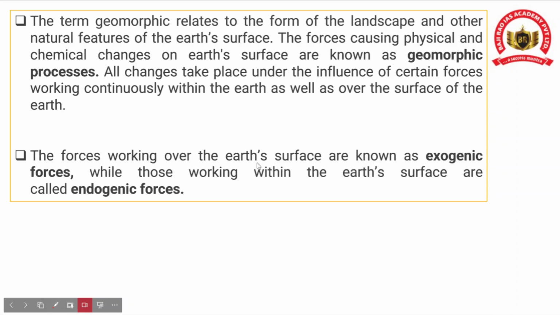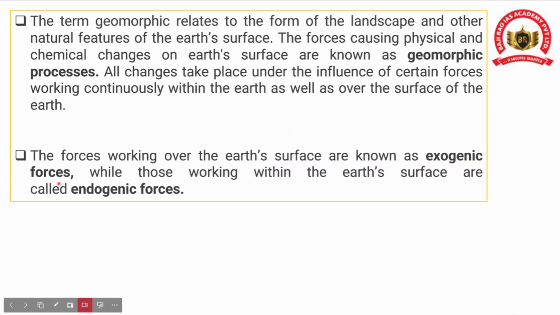However, the forces working over the Earth's surface are known as exogenic forces. For example, this is the crust, and if changes are taking place on the surface of the earth or above the crust, they are called exogenic forces.